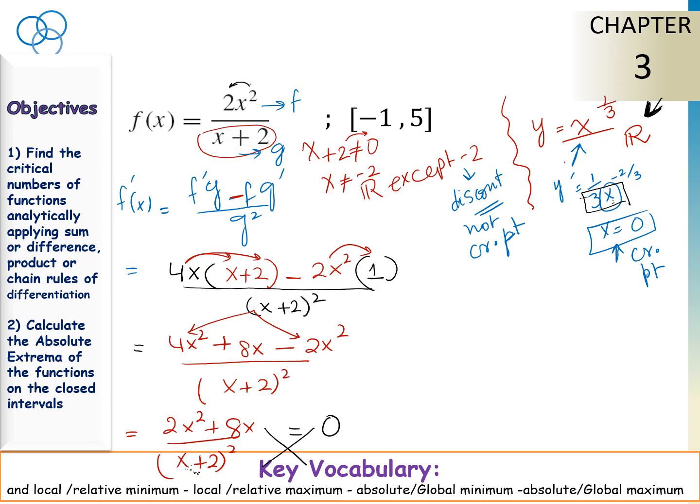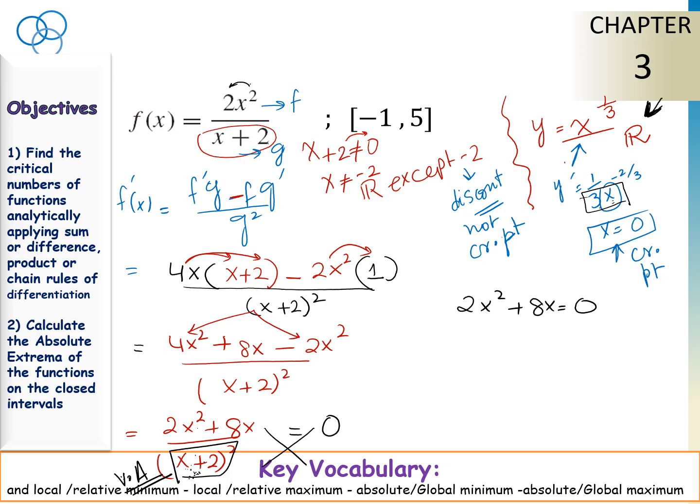The reason is at x equals -2, we have a vertical asymptote, and at a discontinuity we couldn't have any critical points. That's why we will not set the denominator equal to 0. You only set the numerator equal to 0, because the denominator multiplied by 0 gives you 0, and that's it. No need to solve it at all.